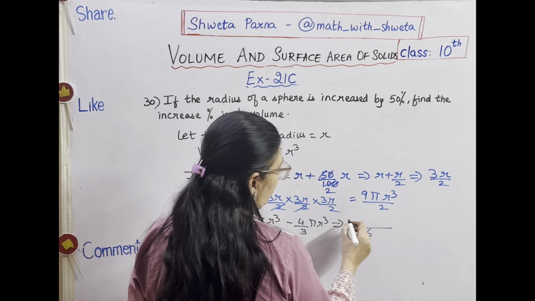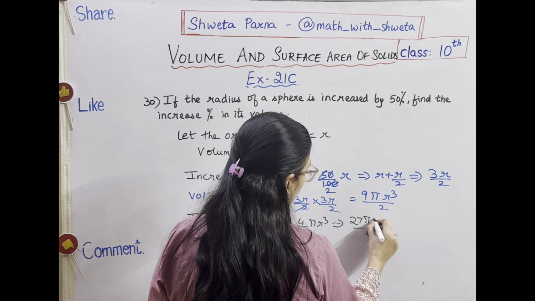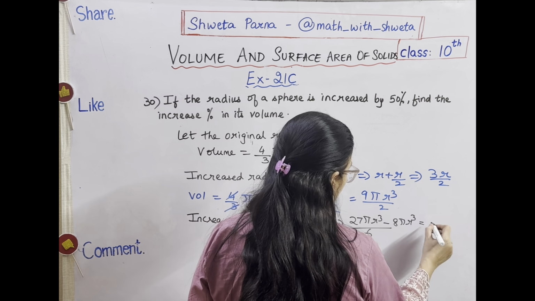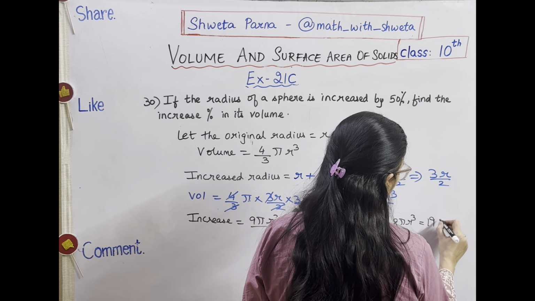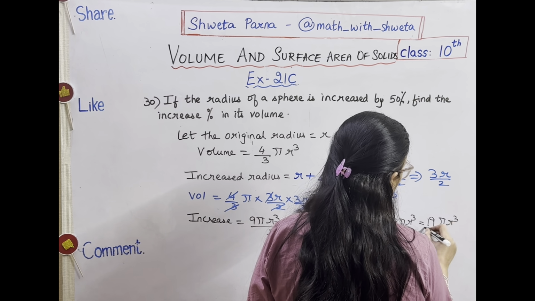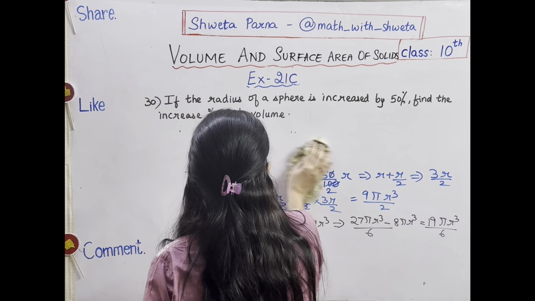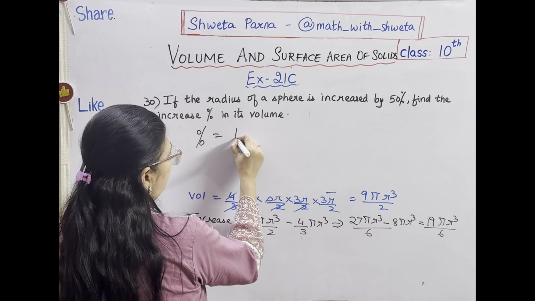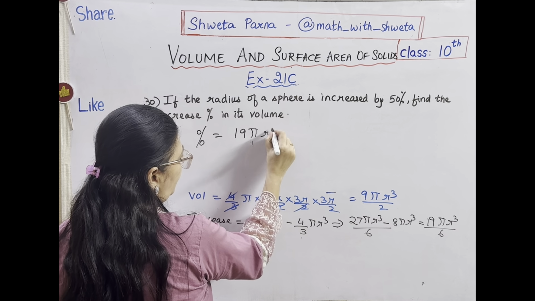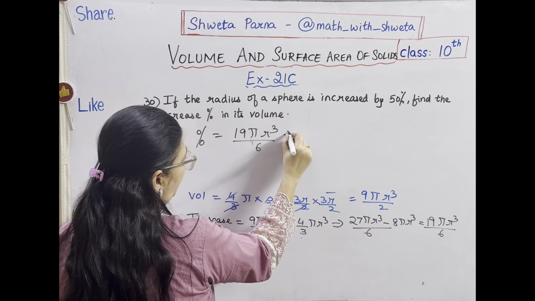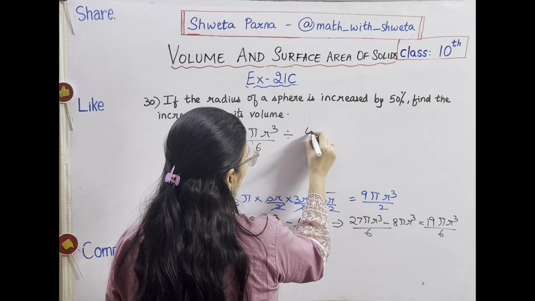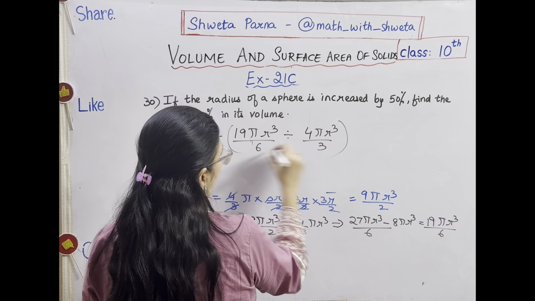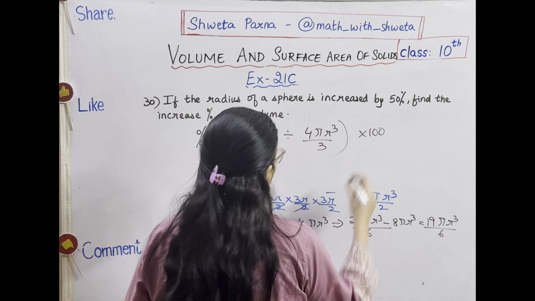So, 3 9s are 27 pi r cube minus 8 pi r cube, which is equal to 19 pi r cube upon 6. And percentage is, increase is 19 pi r cube upon 6 divided by original, which was 4 pi r cube upon 3 times 100. Okay.